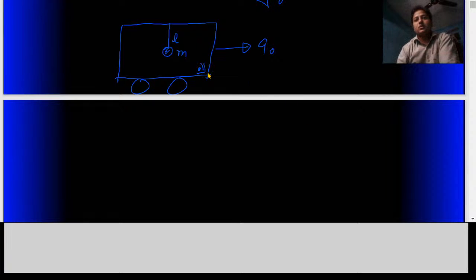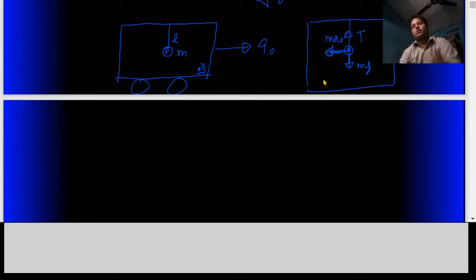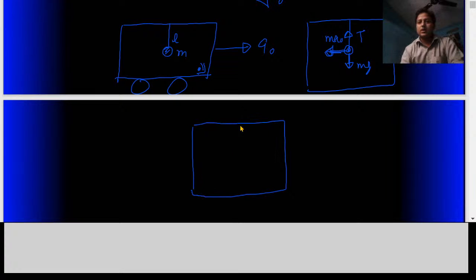For a non-inertial observer, the forces acting on the bob are a pseudo force ma0, weight mg, and tension T. So there is a net leftward force ma0, which is balanced by the tilting of the string. So the final diagram becomes like this.